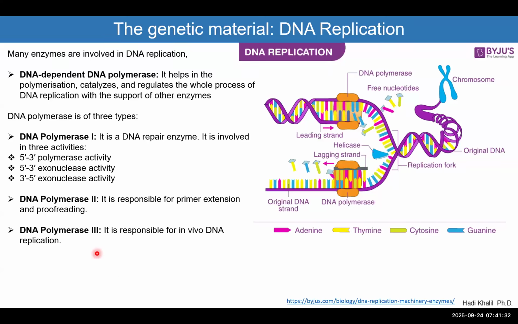And polymerase 3 is responsible for all the in vivo replication of the DNA. So this complex is all taken together. Again, please remember that when we describe those things, we kind of dismantle them and give them function. But remember that this is a process that is taking place all together in the cell, and all of them are involved at the same time.